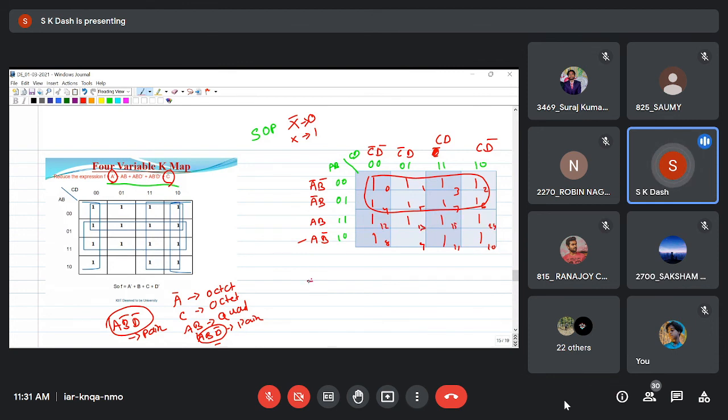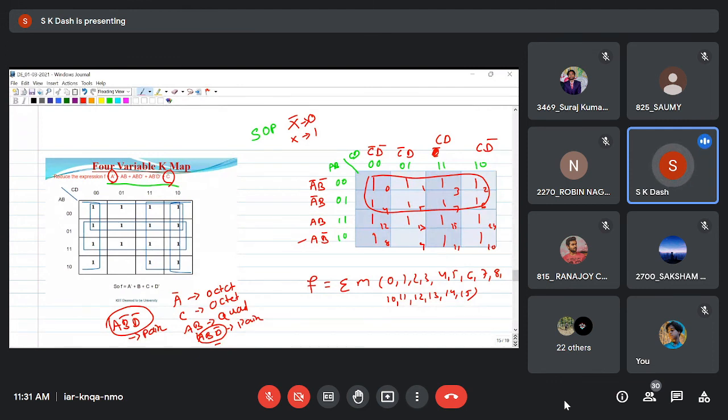So what will be that function? That function will be summation of n 0, 1, 2, 3, 4, 5, 6, 7, 8, 10, 11, 12, 13, 14, 15. So within only 2-3 minutes, we are able to find all the min terms by using the reverse method.